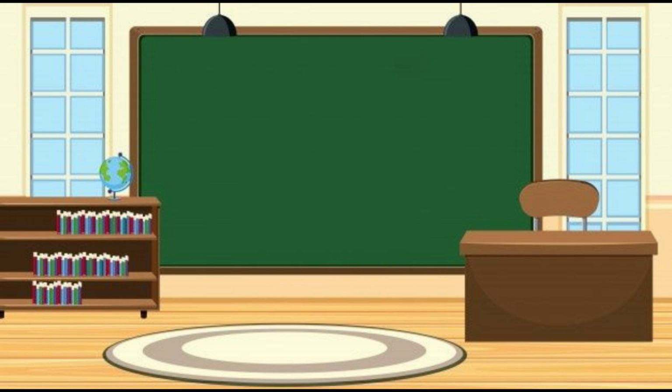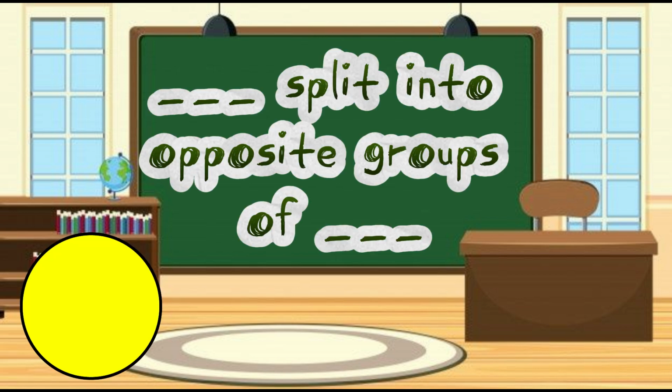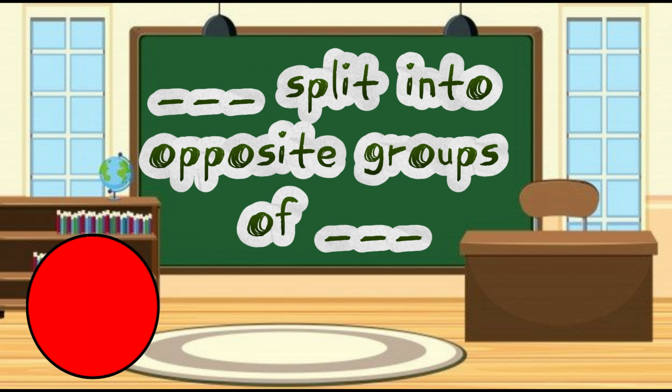If we are going to encounter problems that says blank split into opposite groups of blank, we are going to flip the chips to the other side to show us the opposite color.